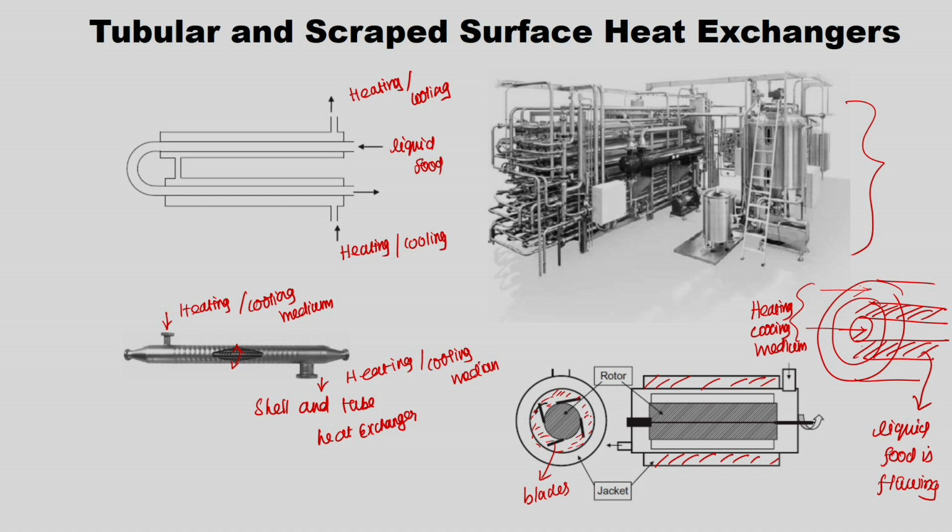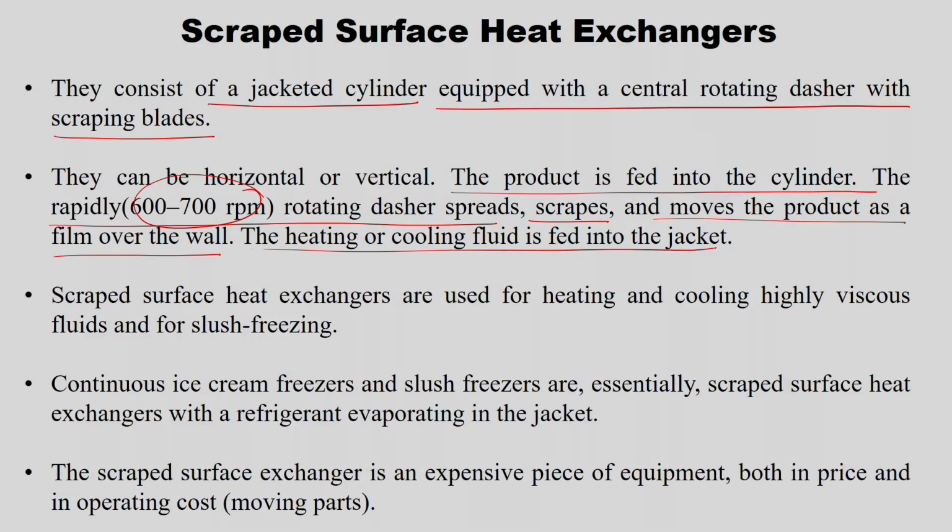In that case, these blades help the liquid food with a high amount of solids to form a film layer near the jacketed wall. On the other side of the jacketed wall, your heating or cooling medium is flowing. So, the scraped surface heat exchangers are used for heating and cooling highly viscous fluids and for slush freezing.